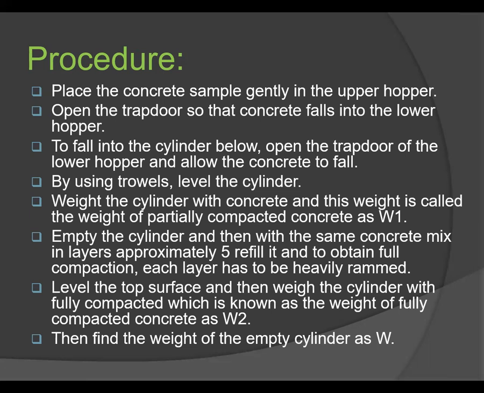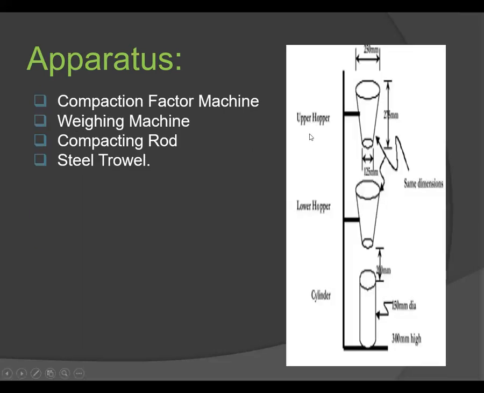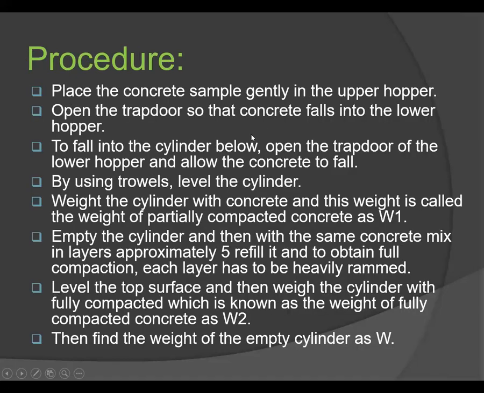Using the hand scoop, place the concrete sample gently in the upper hopper up to its brim and level it, and then cover the cylinder. Firstly, fill the upper hopper of the apparatus. Then second, open the trap door so that the concrete falls into the lower hopper.